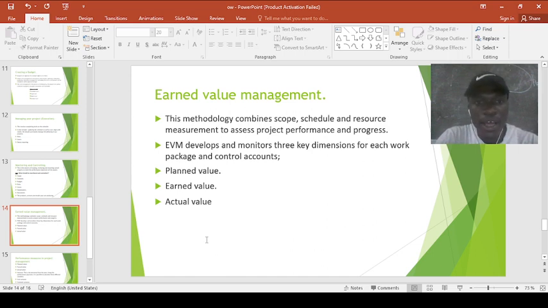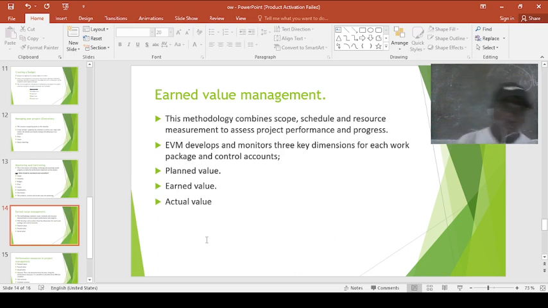Then earned value management. Earned value management is the methodology that combines scope, schedule and resource measurements to assess the project performance and progress. Then earned value management develops and monitors 3 key dimensions for each work package and control account.